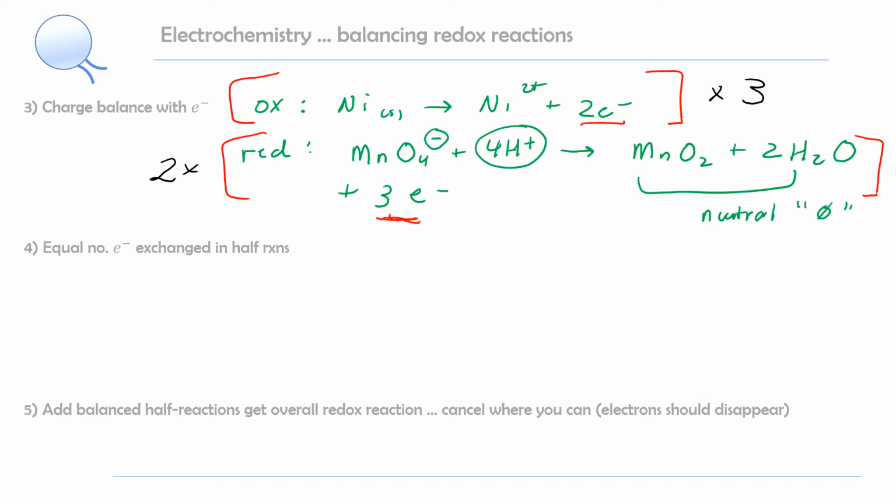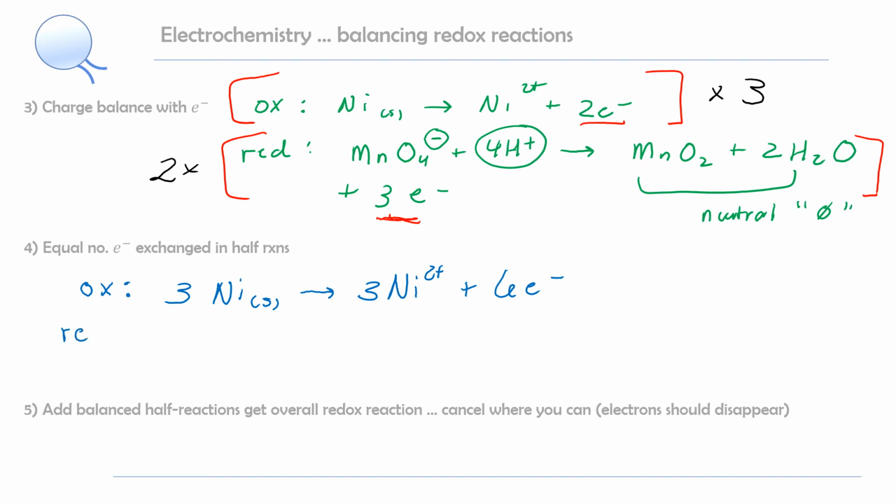You're going to have 3 nickel solid yielding 3 nickel ions and 6 electrons. That's your oxidation.